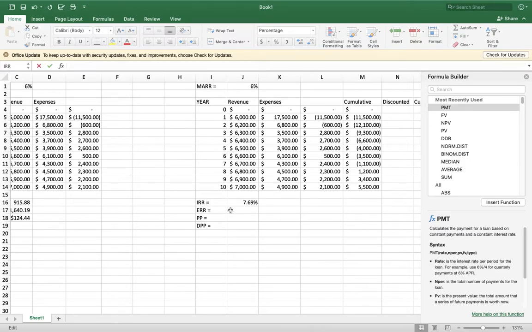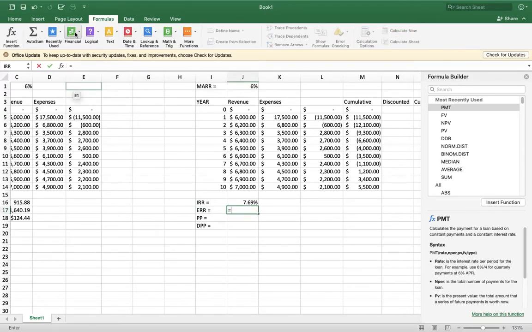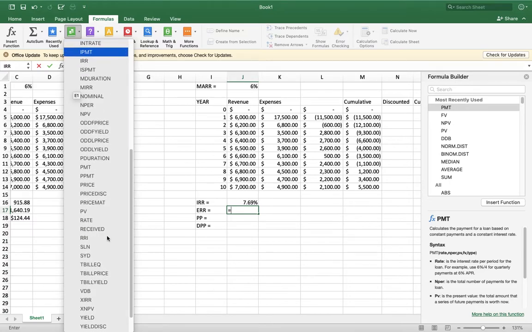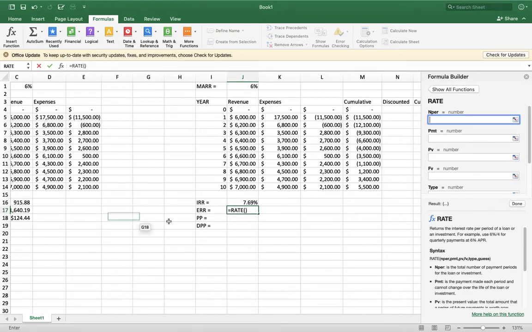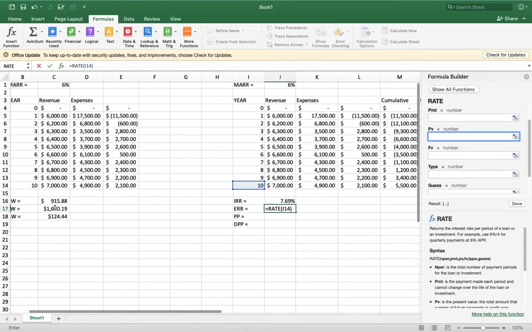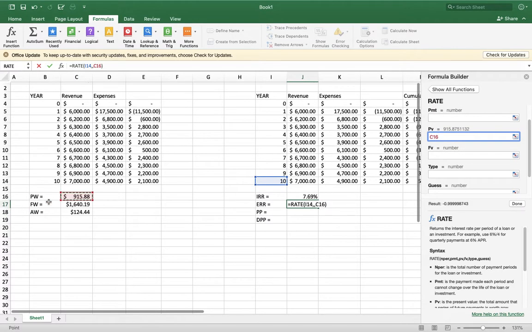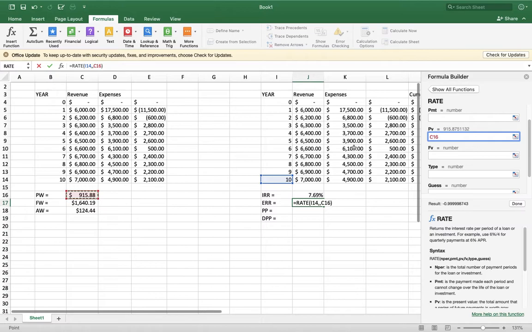So next, for the ERR, what we're going to be looking to do is use the rate formula. So if we look into that, we're going to say that that's equal to, go to our formulas, financial, and look for rate. And we find that, put in the number of years, and then we look for the present value. I'm going to use what we had from last time, and then our future value.